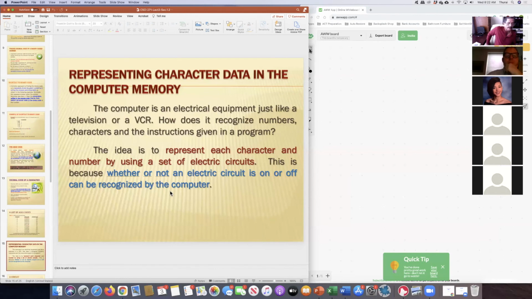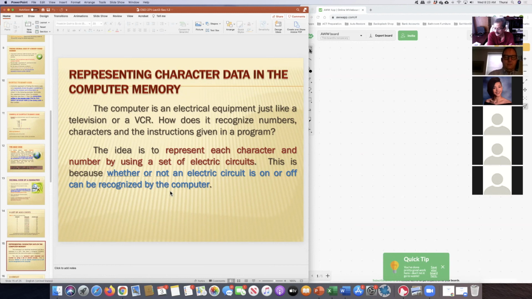Representing a character in the computer memory. How exactly do we represent a character in the memory? Remember I said earlier, to store anything in the computer memory, you have to have a corresponding code, ASCII code that is, which has only ones and zeros.